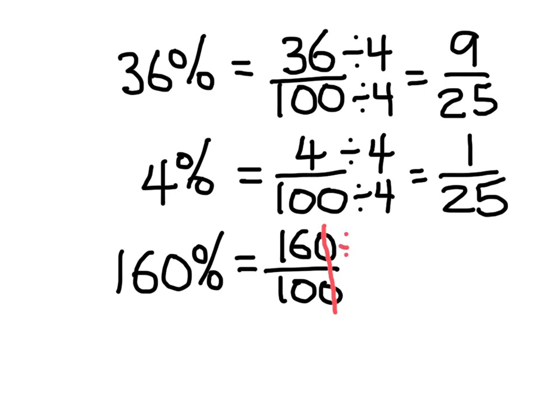So if we divide by 2, this would reduce to 8/5. And we can leave our fraction as an improper fraction, or you could write it 1 3/5, but typically we leave improper fractions the way they are in upper math. So 8/5 would be the equivalent of 160%.